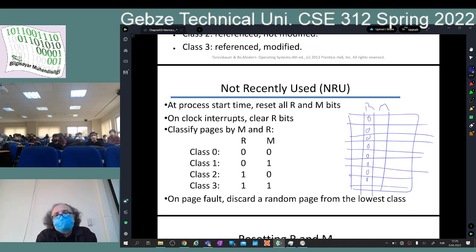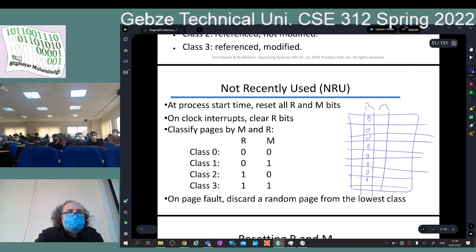Okay, but when you access those pages, all R's will be 1. When you modify them, M's will be 1. On each clock interrupt, clear all the R bits, and every time you need a new page replacement, you check these classes. So R0, M0 means that nobody has modified this page at all, and nobody has accessed this page since the last clock interrupt. Okay, since the last clock interrupt.